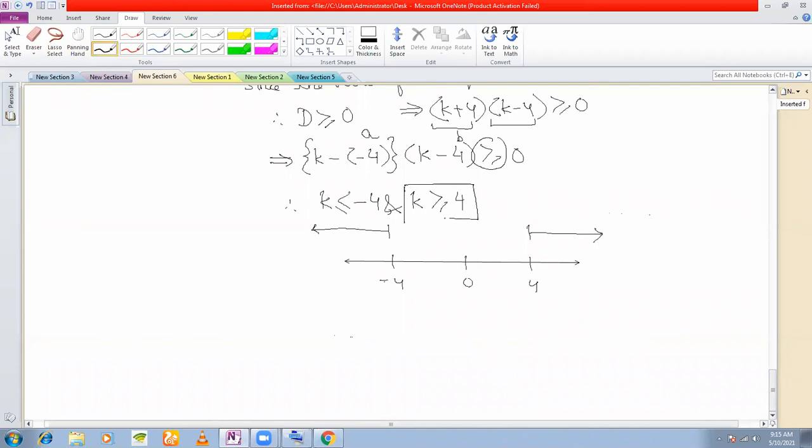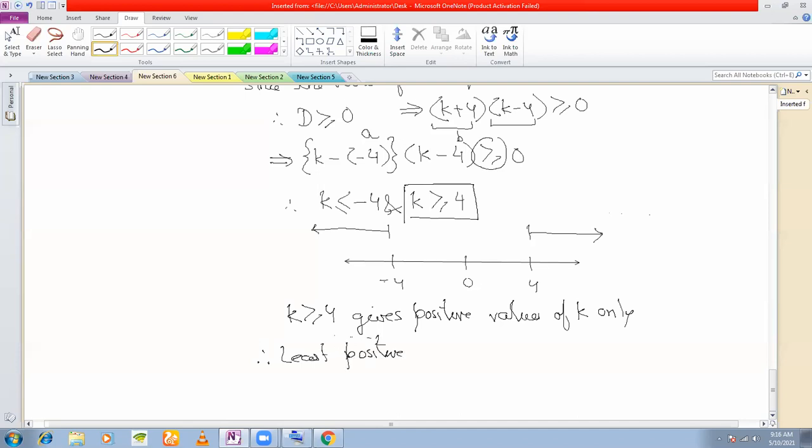This inequality will give you positive values of K. So K greater than or equal to 4 gives positive values of K only. So therefore, what is the least positive value of K? If K is greater than or equal to 4, what should be the least value of K?